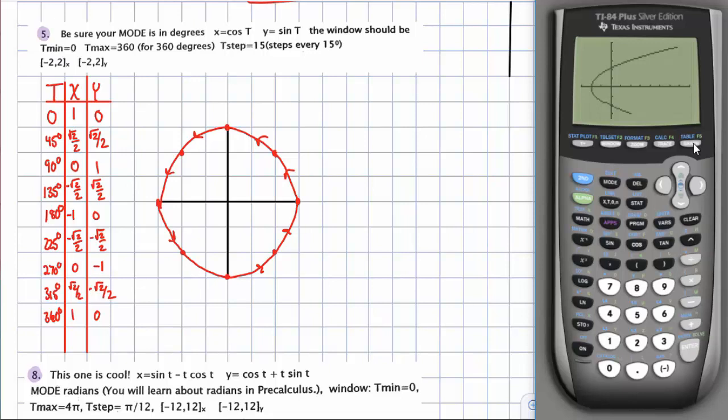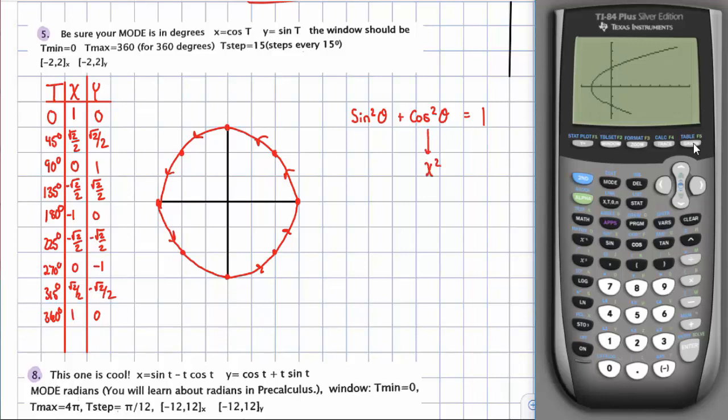And again, if you're going to eliminate the parameter on this, this is a trig function. We're going to use trig identities. I would assume most people would use sine squared theta plus cosine squared theta equals 1. And if we do that, obviously cosine of theta is our x, so this is going to be basically x squared.